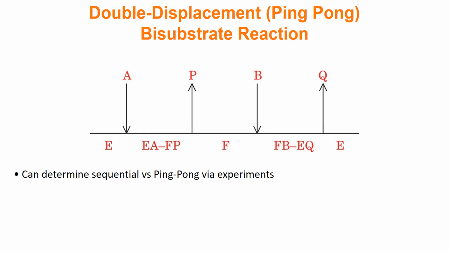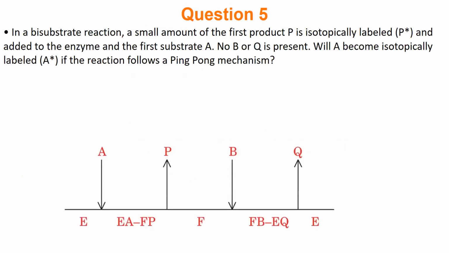All right. So let's see if we understand the ping pong mechanism then. So I have a bisubstrate reaction and I add P, and I label P with some marker that I can find. So isotopically labeled, that just means I add a molecule that is more or less radioactive that I can follow.